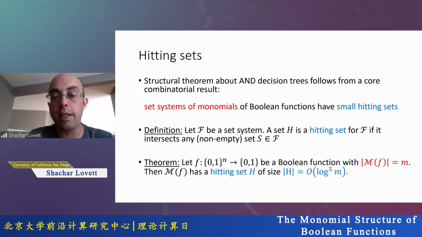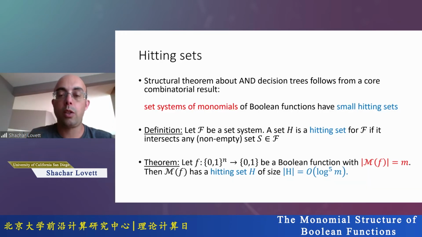And really our main technical result, from which the result on decision trees follows relatively simply, is that if I give you any Boolean function with m monomials, the set of monomials has a small number of variables, polylog m, log m to the 5, such that these variables intersect all the monomials. So the monomials are not random looking, they're sort of concentrated on a small set of variables. At least one of the variables is concentrated in a small set. Okay, that's a hidden set.